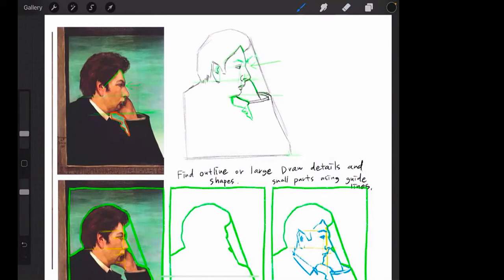Not much detail, just draw some. Draw the neck and the clothes.